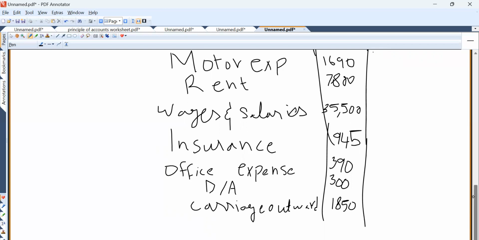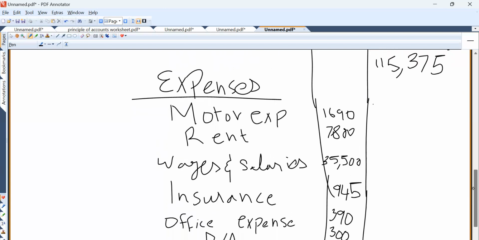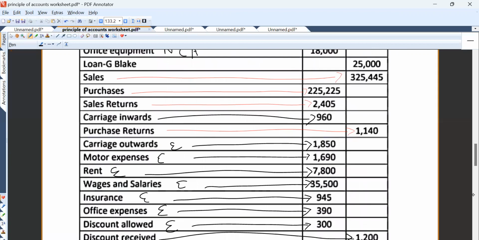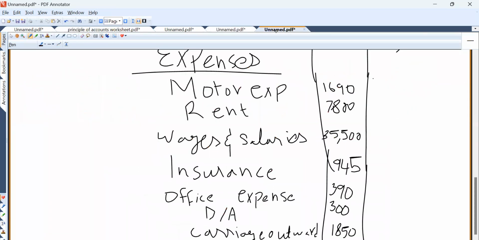Now we are going to add all of these expenses. 1,690 plus 7,800 plus 35,500 plus 945 gives 48,475.